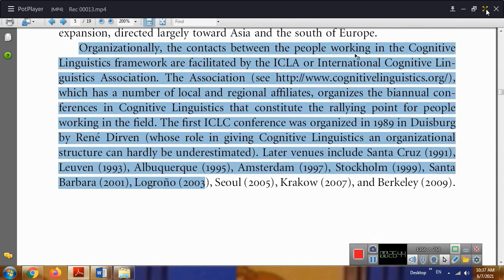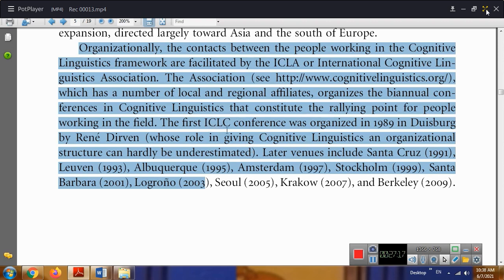The contacts between the people working in the cognitive linguistics framework are facilitated by the ICLA, or International Cognitive Linguistic Association. The association, which has a number of local and regional affiliates, organizes the biannual conferences in cognitive linguistics that constitute the rallying point for people working in the field.